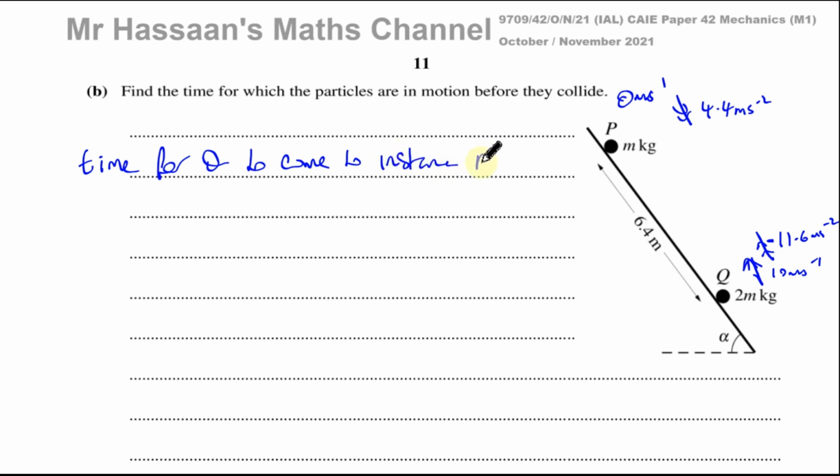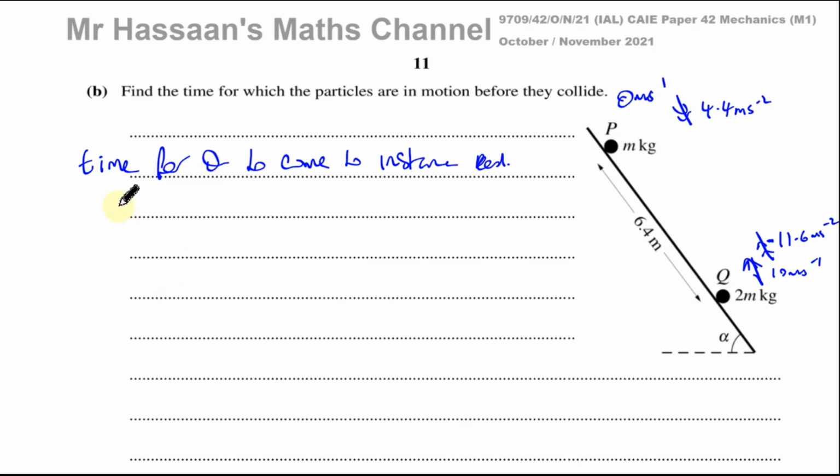That's what we have to do first. We have to consider how long it took for Q to come to rest, and then see, does P reach Q by that time? If it can, then we have to deal with suvat. Then it's easier, but let's have a look.